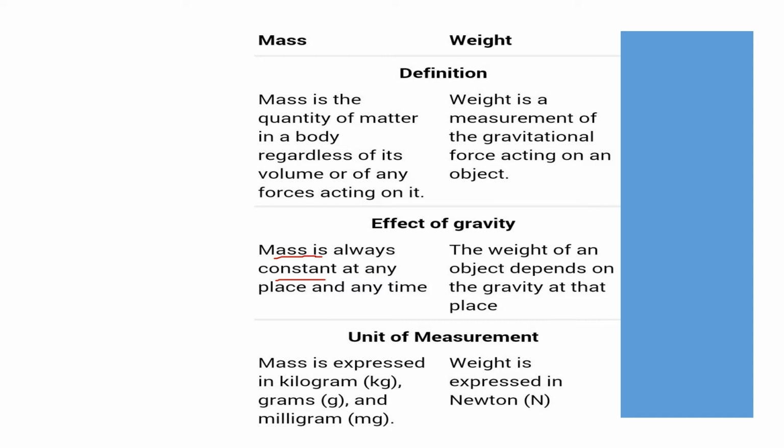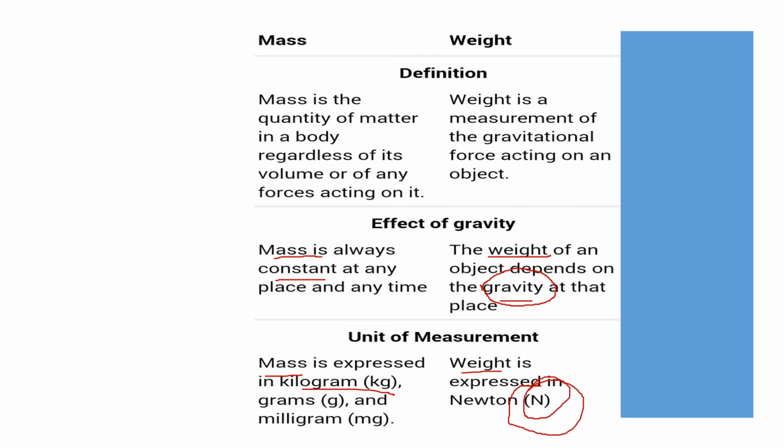Whereas your weight would depend on gravity. Therefore, you will have two weights. One weight on Earth and your weight will differ on the moon, because it depends on gravity, and gravity would differ from Earth to moon. And then you know that mass is measured in kilograms and weight is measured in newtons.